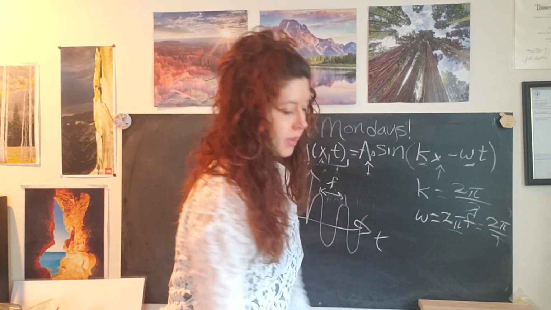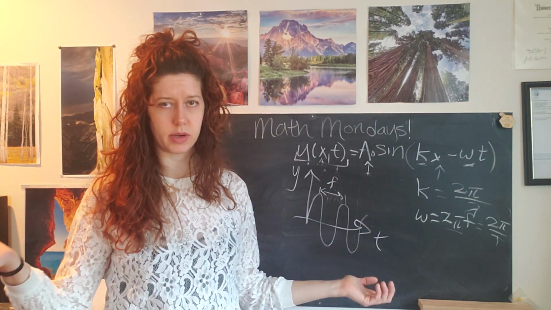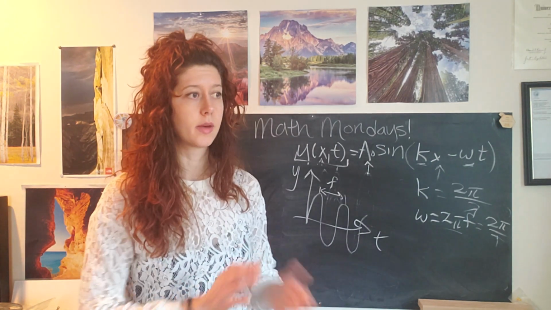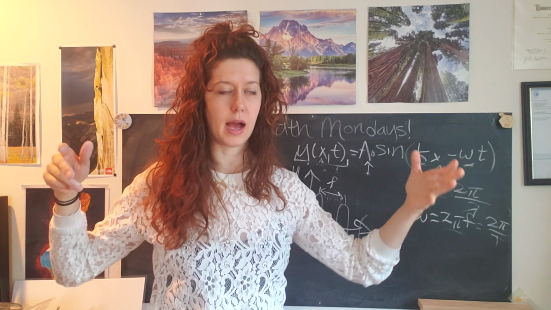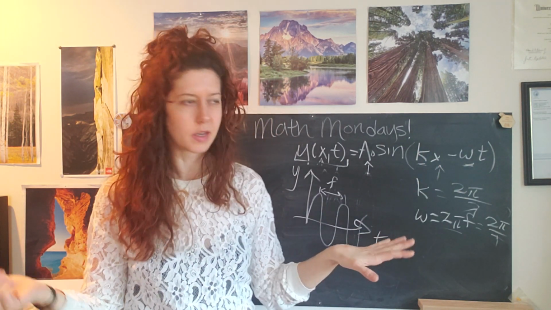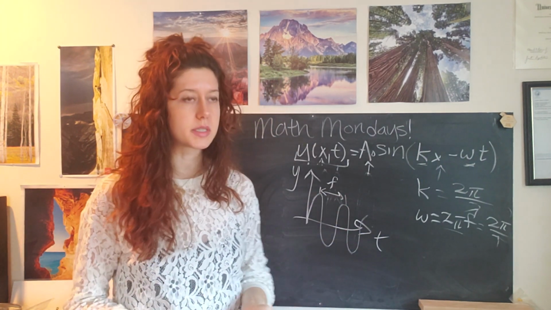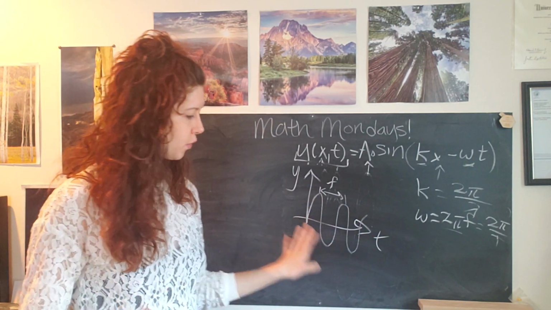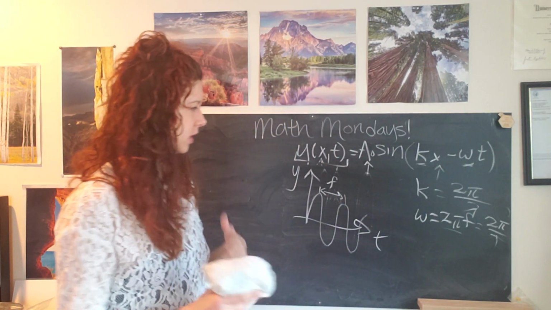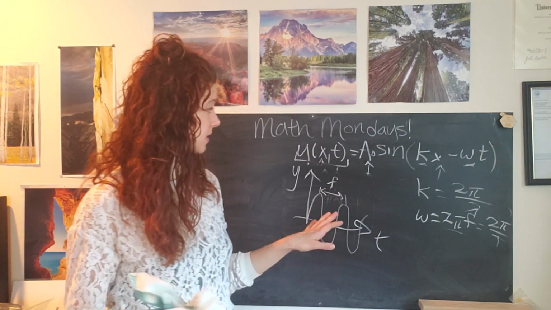So basically, if you're like, I still don't understand wavelength and frequency: wavelength is the amount of space that the wave takes up, sort of, and frequency is how fast the wave is moving. So hopefully that helps clarify. Please let me know if you have any questions or if any of that doesn't make sense.